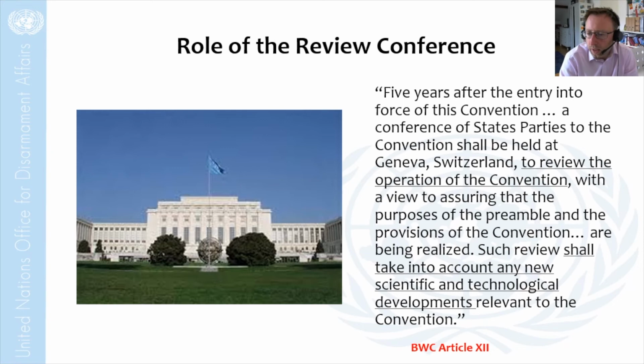You can see it says that they are to review the operation of the convention, and it also gives them a specific mandate to take into account any new scientific and technological developments that are relevant to the convention as well. And in recent years, for the last, say, 3-4 review conferences, they've also taken on a role of really setting the path, setting the agenda for the next 5 years.